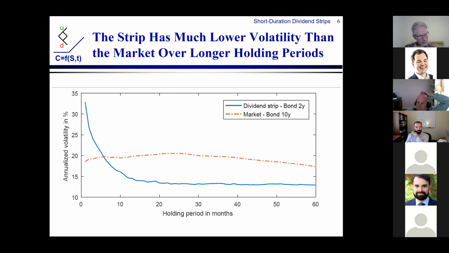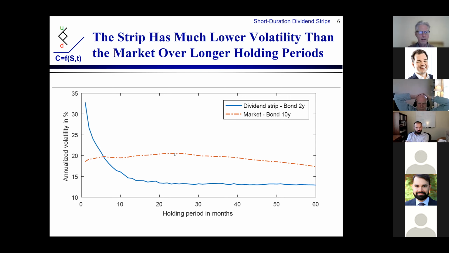The AR1 makes these prices move up and down in a very particular way. You're having a high return, it's more likely to be followed by a low return because of the negative AR1. You wait for more periods at a time, everything calms down considerably. It calms down actually to a level where volatility is much lower than it is for the market.